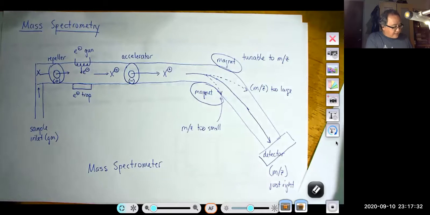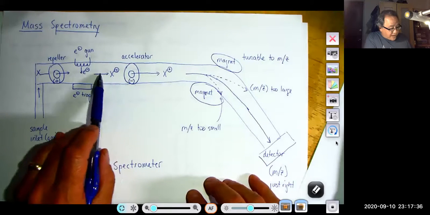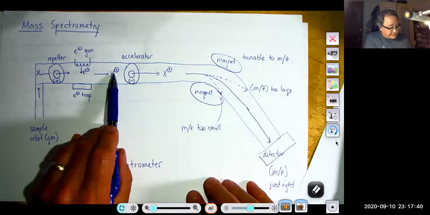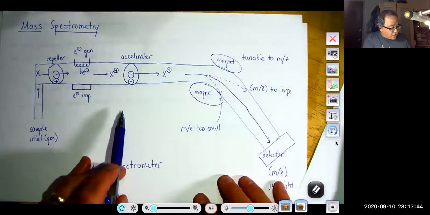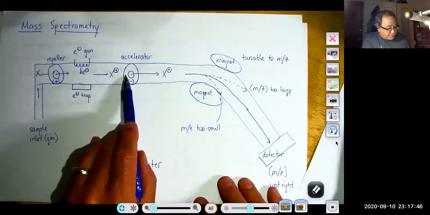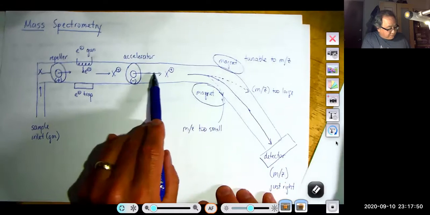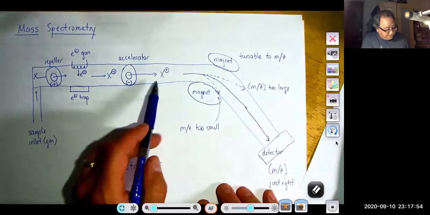Regardless, this positively charged cation will be attracted to the accelerator. A lot of these ions hit the accelerator and become neutralized, game over. But some of them go so fast that they pop right through this opening, and they are basically slingshotted or shot forward.